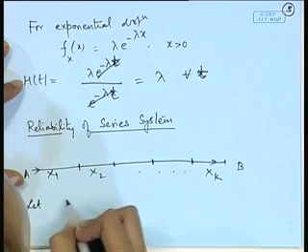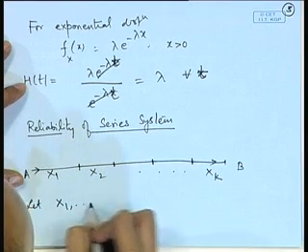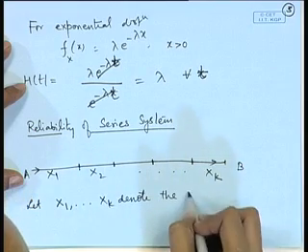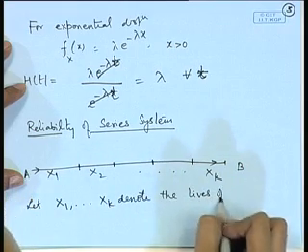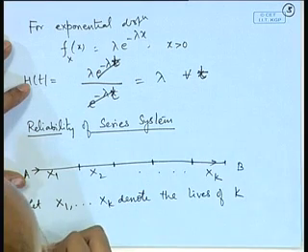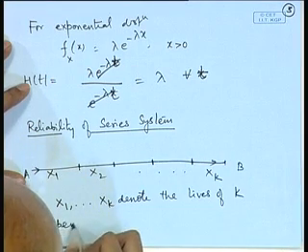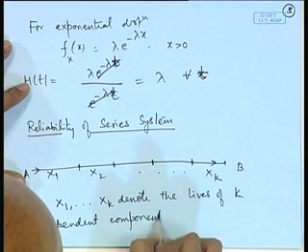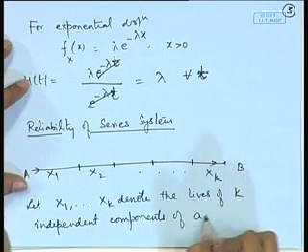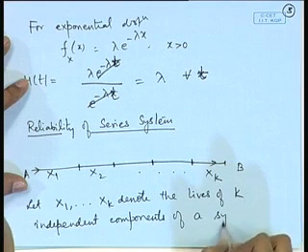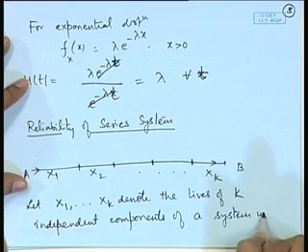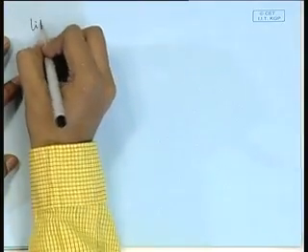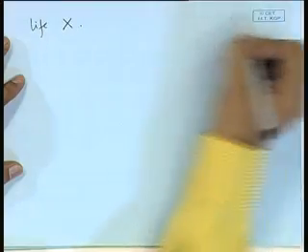So let x1, x2, xk denote the lives of k independent components of a system with, say, life x.